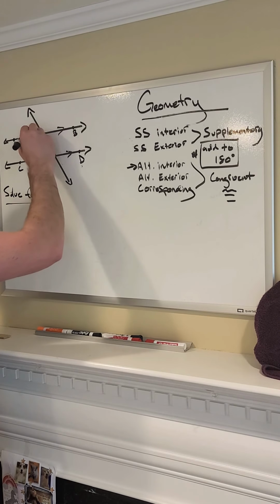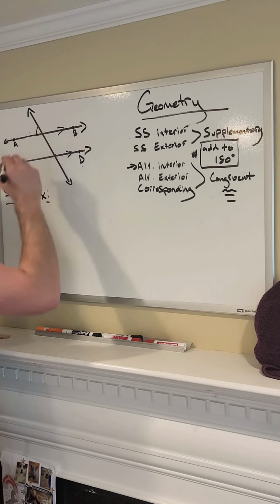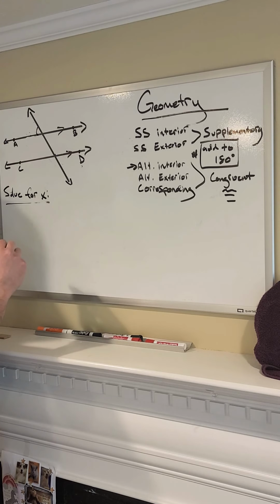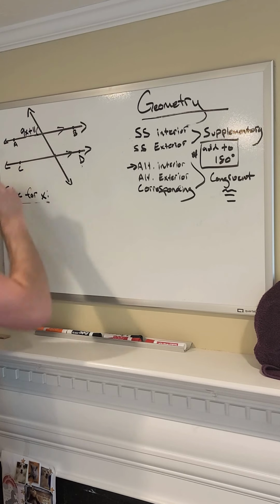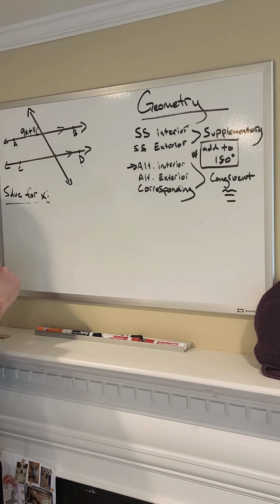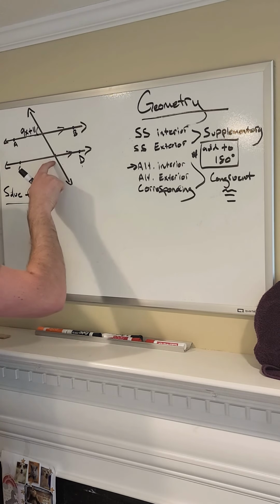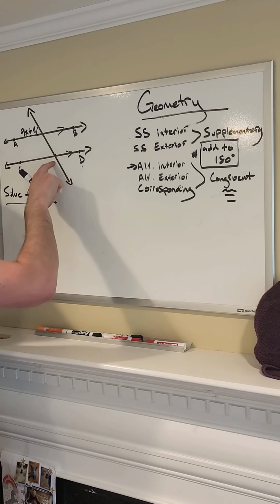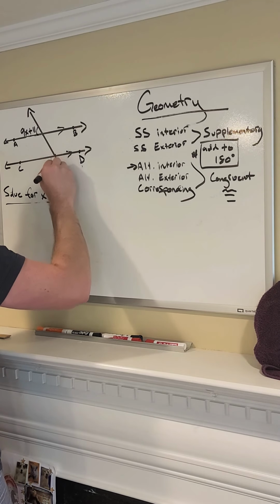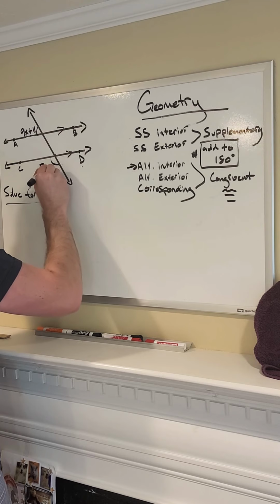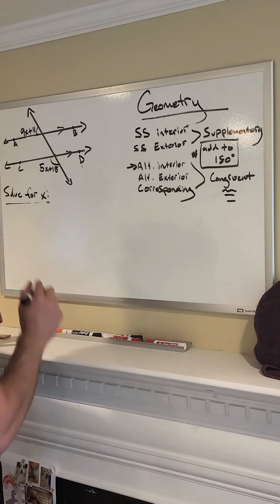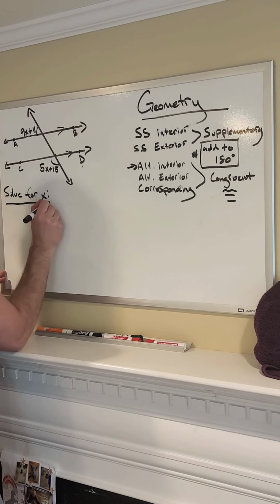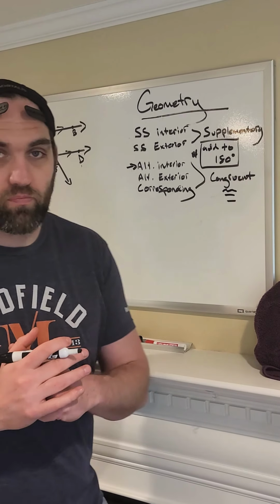So we're going to utilize this angle here. This angle is going to be 9x plus 11. And then I'm going to utilize this angle down here, which is going to be 5x plus 15. All right. And as we saw before, it's solve for x.